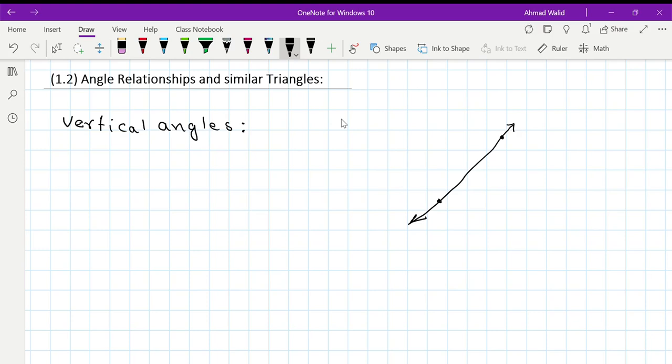For example, I'll name here N, I'll name here P, and I draw another line like this, and I'll name 2 points on this line, for example, here Q and here R. These two lines are intersecting each other in one point. Let's name it, for example, point M. Correct?